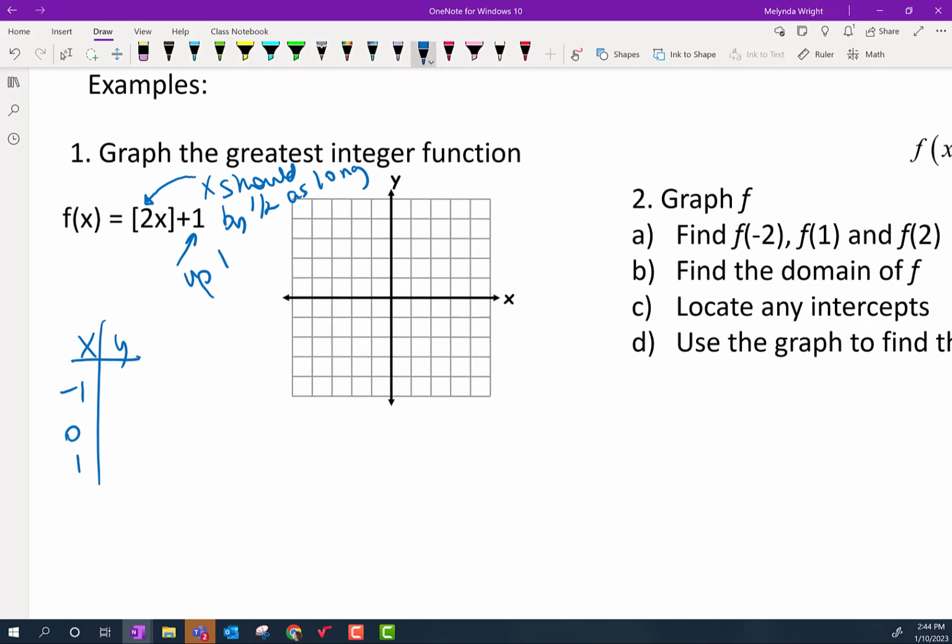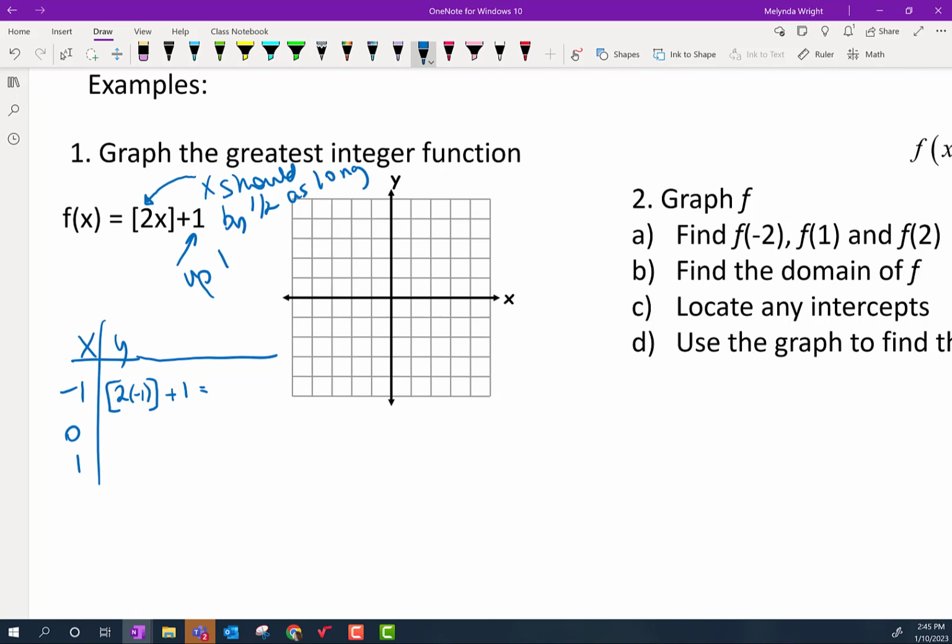On the y side, I'm going to show the work. You don't have to show the work, but I want to make sure that we know what's going on. So I've got the 2, and I'm going to put in a -1 where the x is. I've got the greatest integer of -2, which is -2.